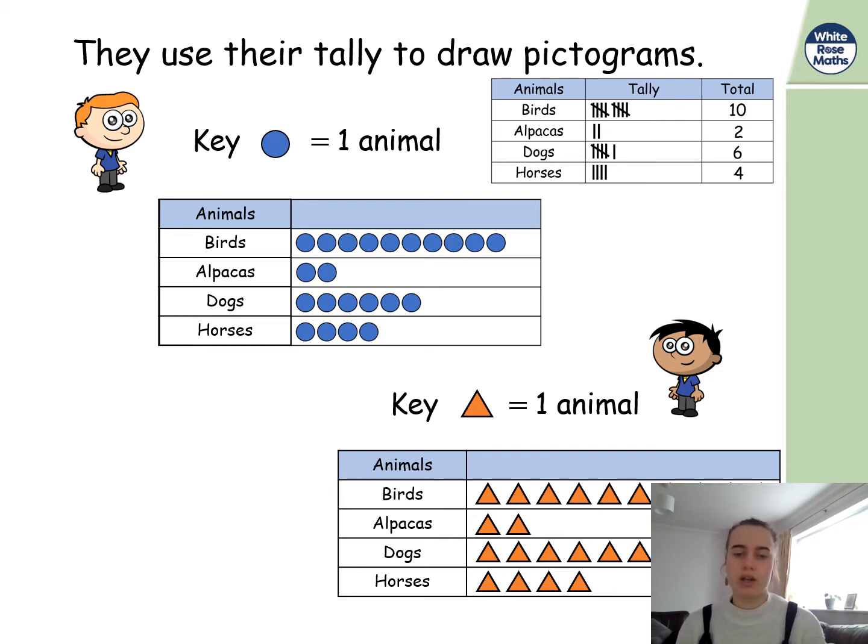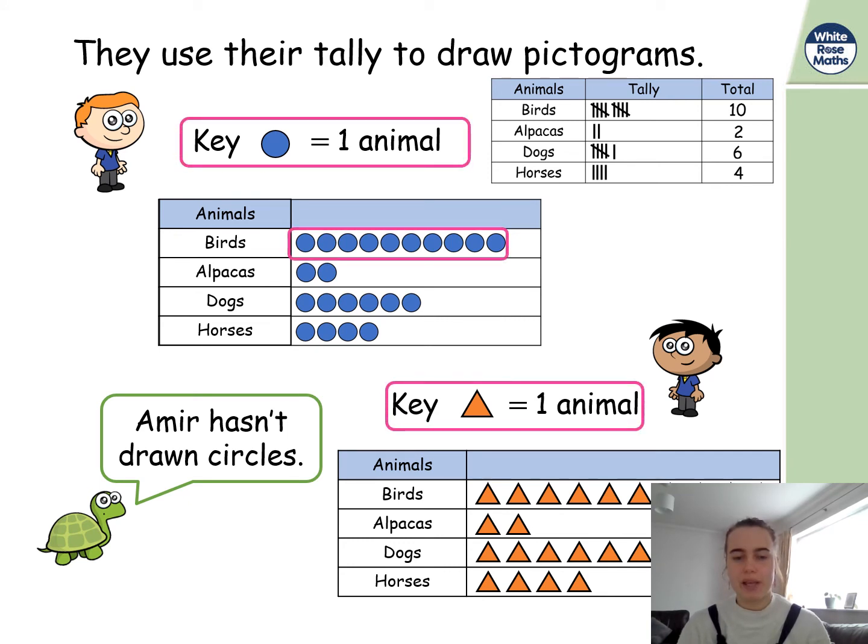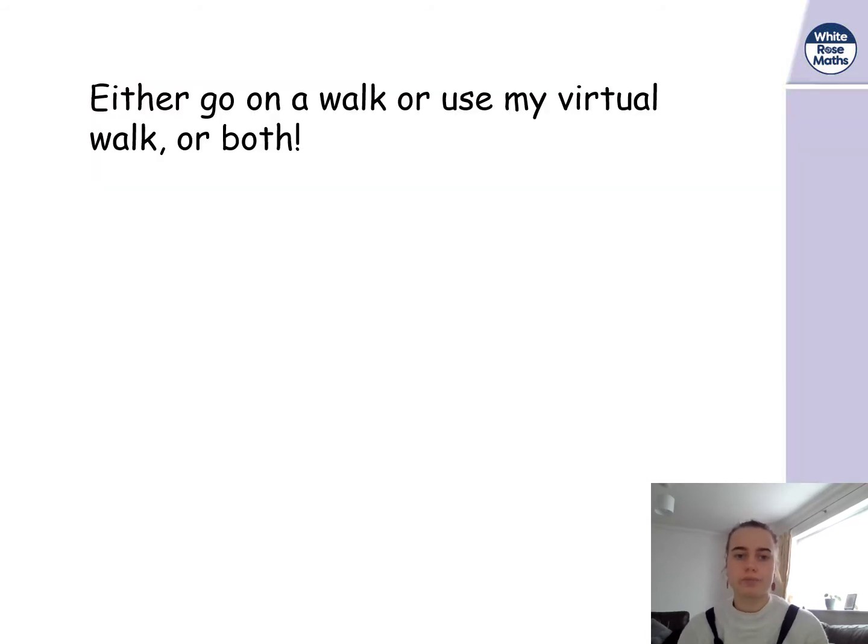So again, look at the alpacas, there's 2 orange triangles, so there are 2 alpacas. So they've both used different pictures, different pictograms, but they both show us the same value, so both showing us one animal. There we go. So we can see that both of their keys show us one animal.